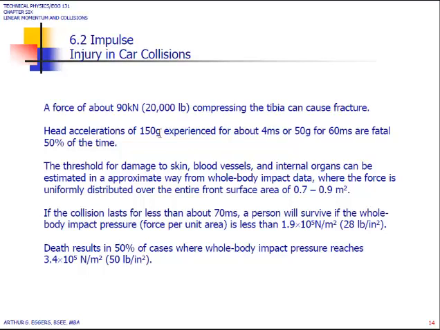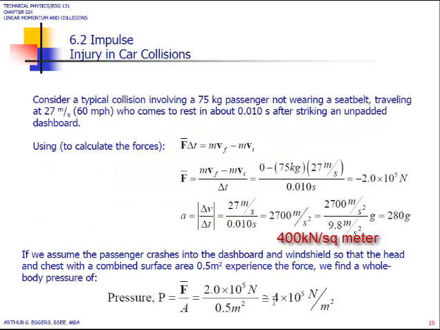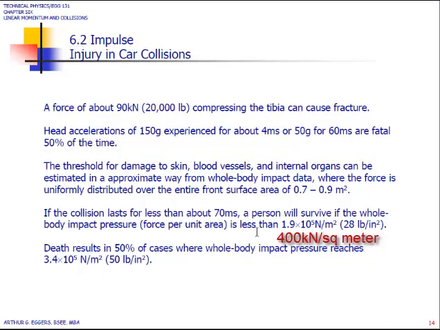Threshold for the damage of skin, the force distributed over the entire area, we chose about half of the area. If the collision lasts for less than about 70 milliseconds and the pressure is 1.9, we calculated 4, so we're way above that. And if the whole body impact pressure reaches 3.4, well, we took half of the body value.